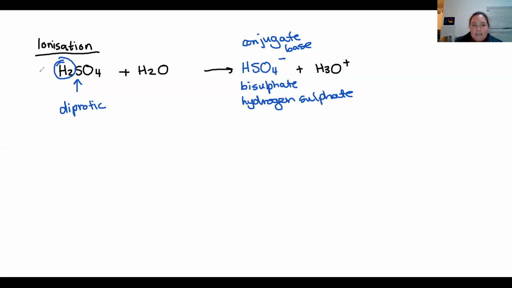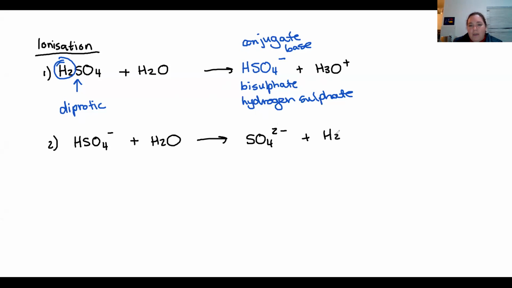If we were to do the second ionization step, we'd then take our HSO4 minus that has already lost a proton and react it with water again. This time it would lose another H and a plus, and we're left with SO4 2 minus and H3O plus. So this is the first and the second step.